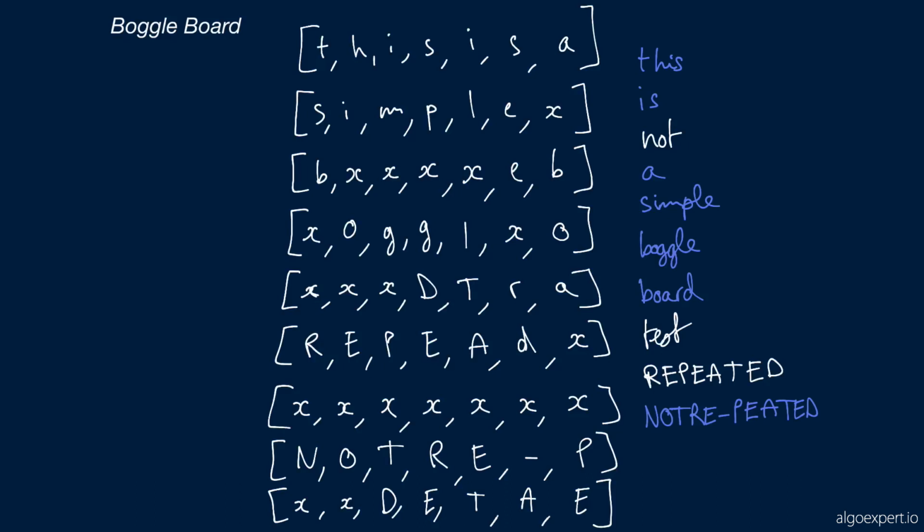So if we start at the letter T in the top left corner, we can go to the right, we can go diagonally, TI, we can go to the bottom, TS, right? And so that's one problem: actually traversing this boggle board and constructing words out of it. And that's likely going to be some kind of graph traversal problem, okay?